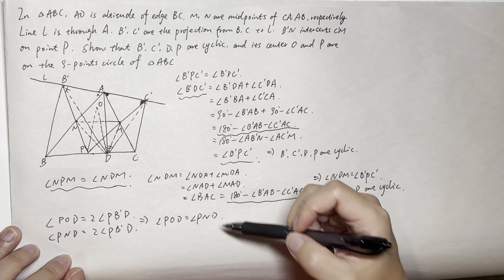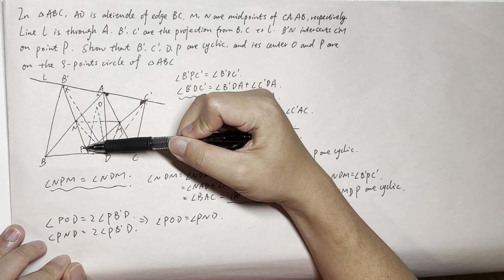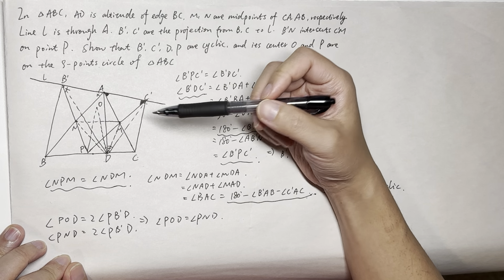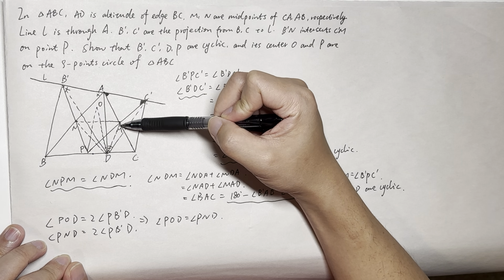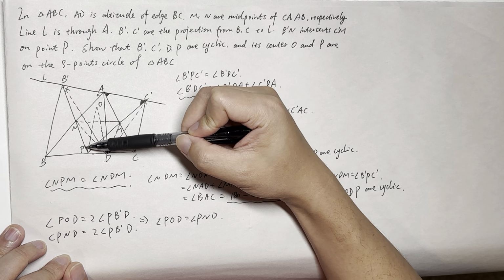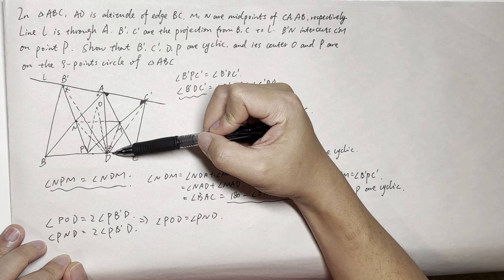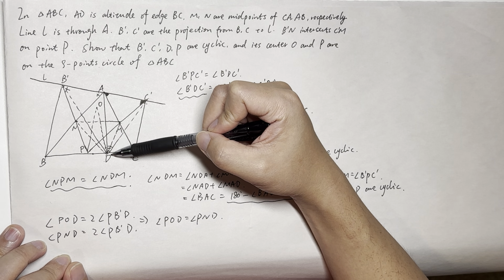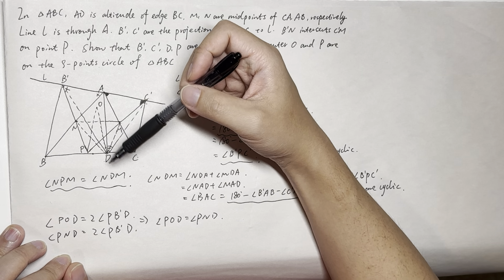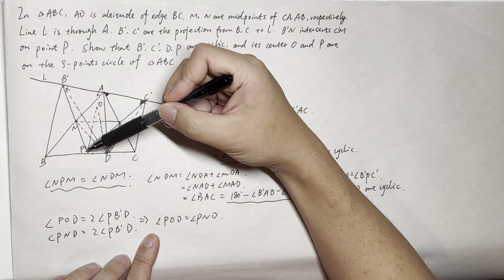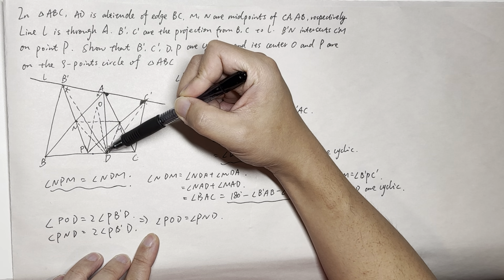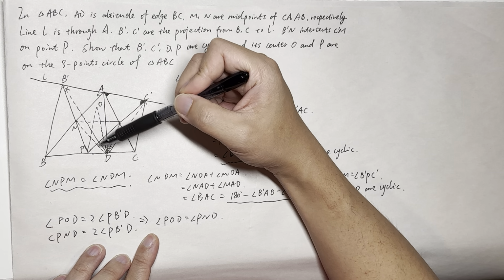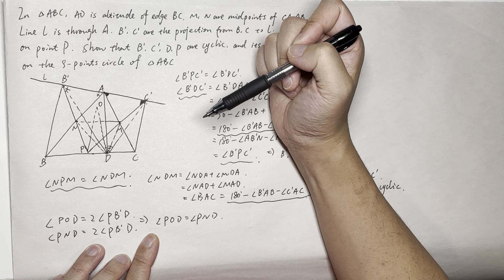Which means angle POD equals angle PND, right? We just proved that P is on the 9-point circle, that PNDM are cyclic, and we now know that angle PND equals angle POD. That means PNDO are cyclic as well.